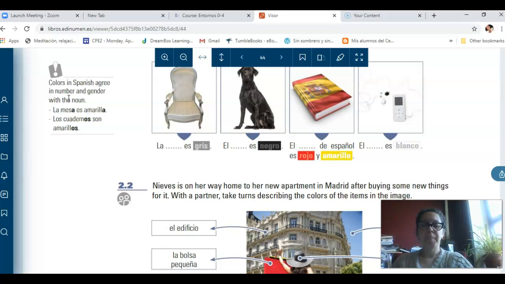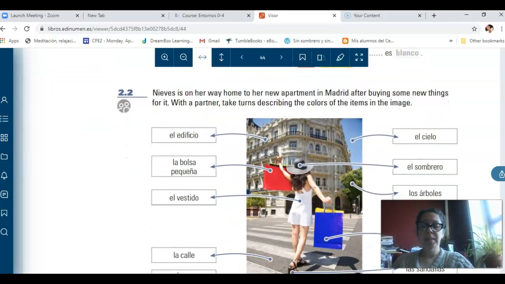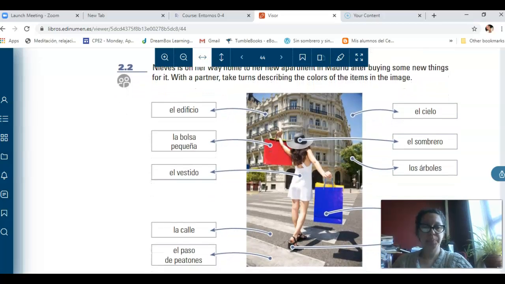Okay? Bien. So, in this section, you can practice the agreement. Okay? For example, over here, el cielo, the sky. El cielo es azul. In the case of azul, we don't have to modify. It can stay the same. Now, let's go to el edificio.